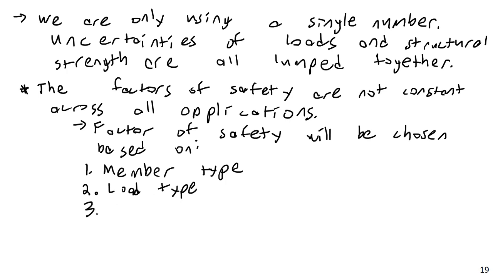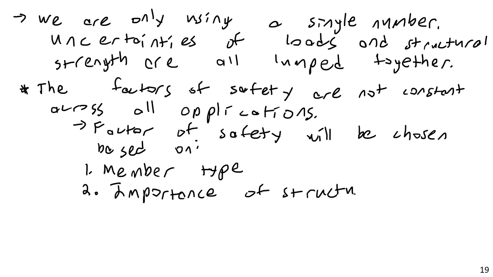And three, well, maybe not load type, you don't see that as often, but especially member type, and two, the importance of the member or structure, even more commonly structure. Importance of structure, and three, let's see, consequences of failure is probably a better way of saying this.